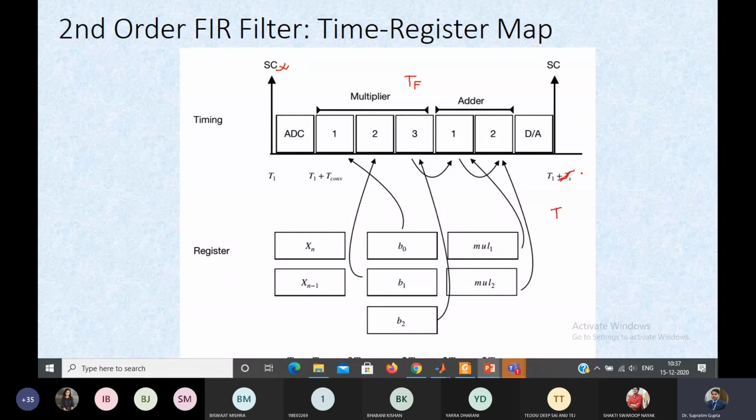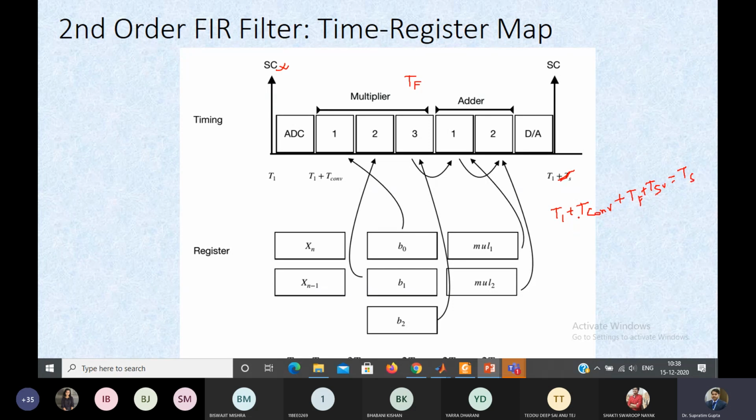This will actually be T1 plus this T conversion plus this filter time now introduced, TF, and plus you will have some saving. You will be executing some instructions to save this content, so I am clubbing that into TS. So TS is for saving, TSV rather. That will constitute this sampling time, the TS.